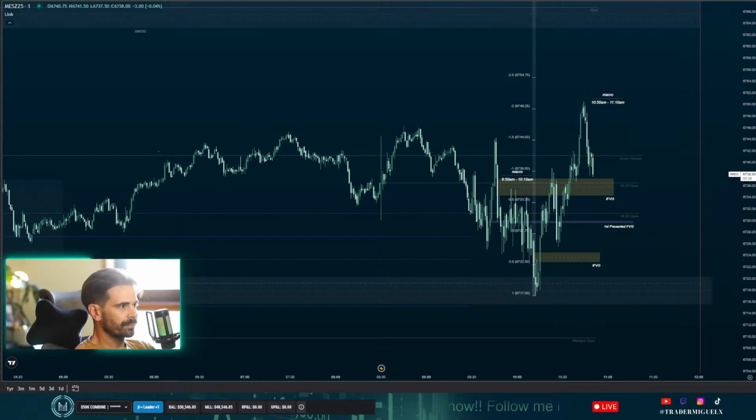There we go. Moving lower once again. See, I had a feeling that this move to the upside was not trustable.